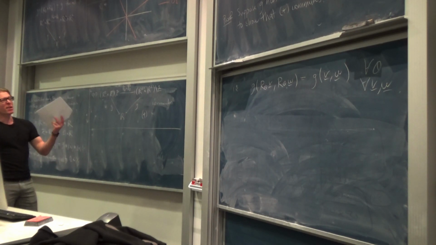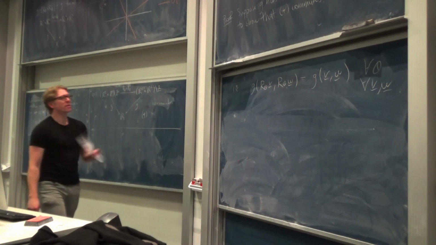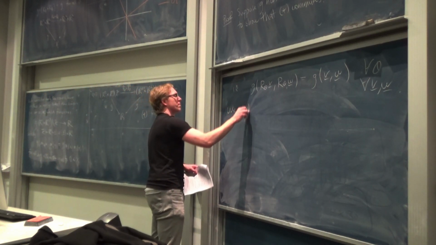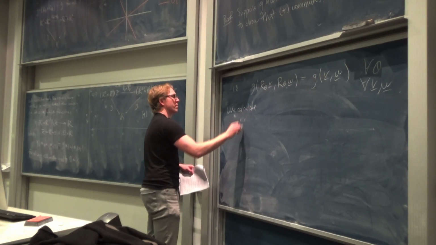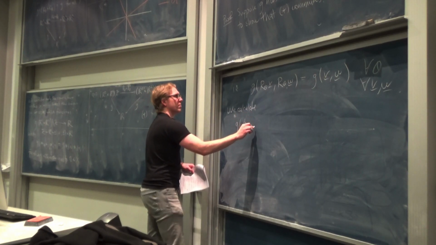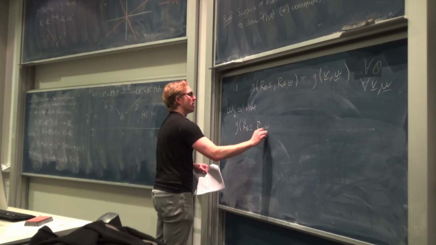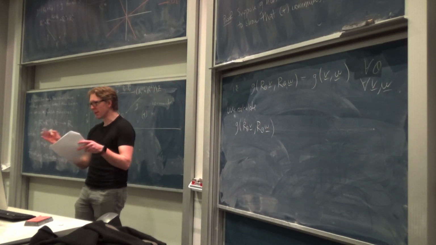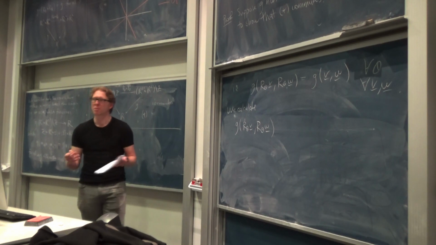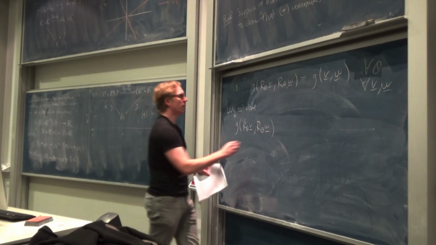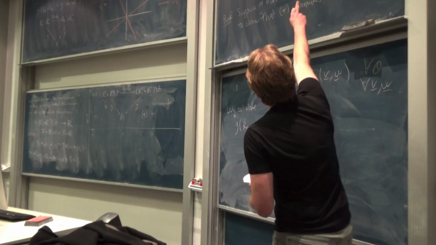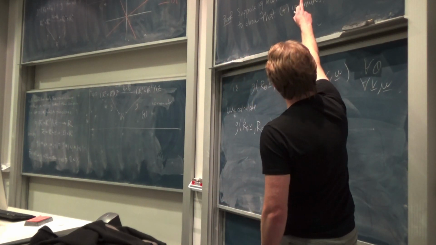Okay, so we'll just calculate, right? Let's calculate the left-hand side and see that it agrees with the right-hand side. The only content here is really that the dot product is independent of rotation. If you rotate both the vectors inside a dot product, you get the same number. Okay, so let's just see how that goes. So what is G? Well, G is, by definition, I'm hypothesizing that it has the form on the right-hand side.